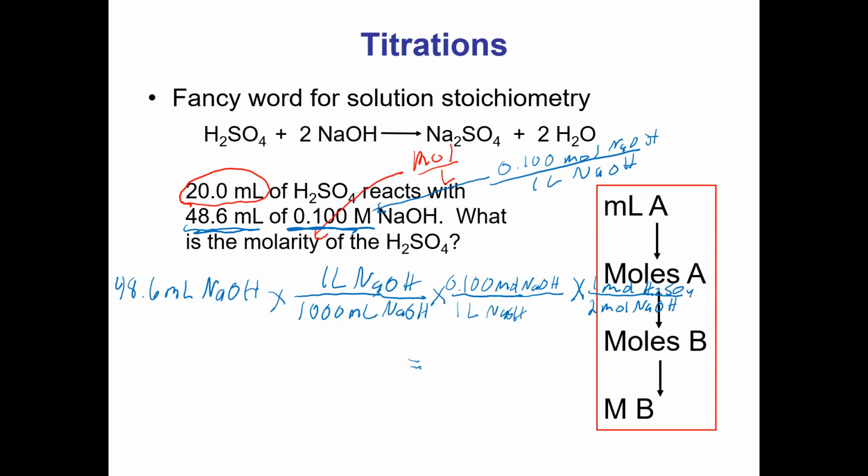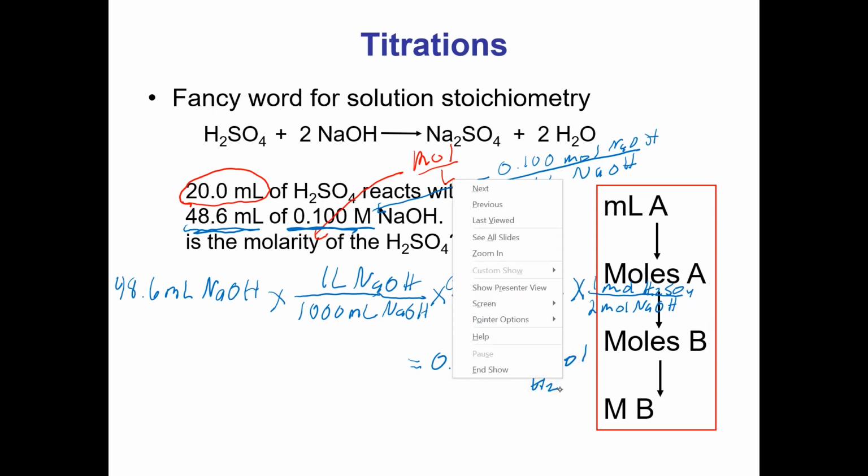Now if I take 48.6 times 0.100 and divide that by 1,000 times 2, I come up with 0.00243 moles of sulfuric acid.